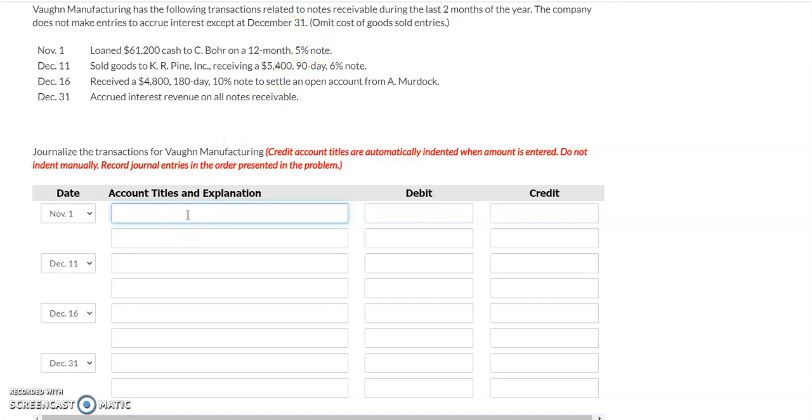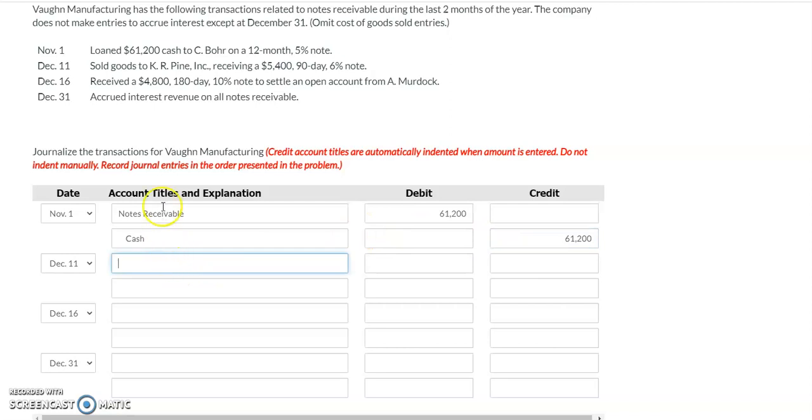So our journal entry will be a debit to our notes receivable, which is our asset account, and a credit to cash for the amount that we loaned out. In this example, it is $61,200 in both the debit and credit columns.